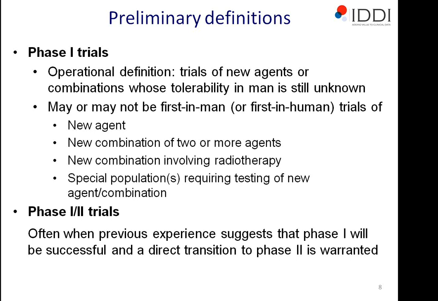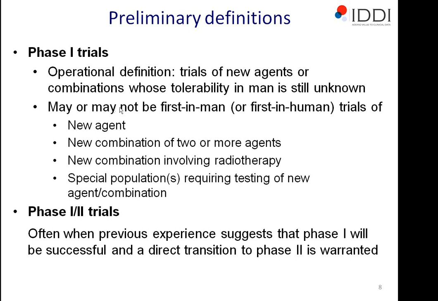So I'd like to provide some preliminary definitions. And the first one is, what is a phase 1 trial? Although this sometimes will come labeled as such, for practical purposes, a phase 1 trial is a trial of a new agent or combination whose tolerability in man is still unknown or still not completely understood.